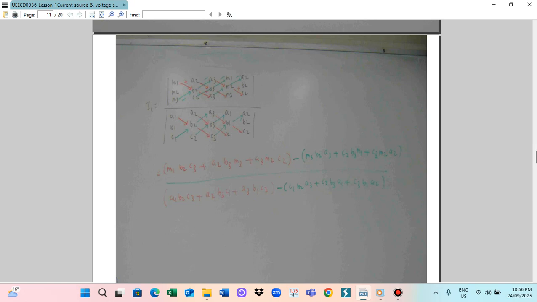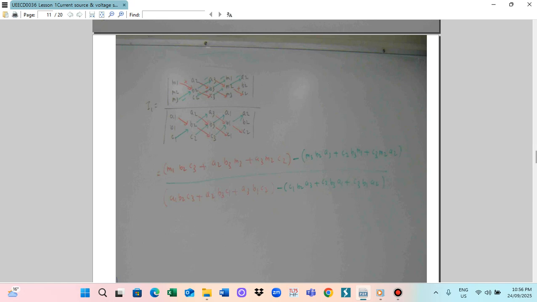And multiply, this is negative. So this way you can calculate. You multiply N1, B2, C3 plus A2, B3, N1 plus A3, N2, C2.